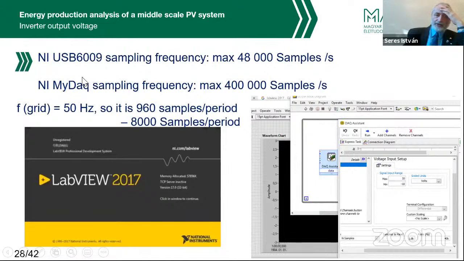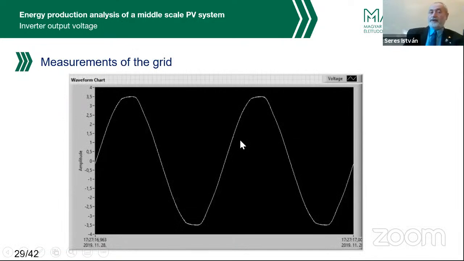This is an educational unit where the sampling frequency is 400,000 samples per second. With these units, we used the LabVIEW software for collecting the data, and with this we could measure the time series of the voltage.